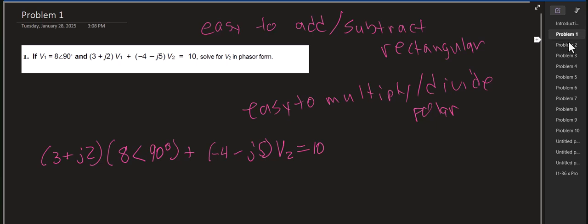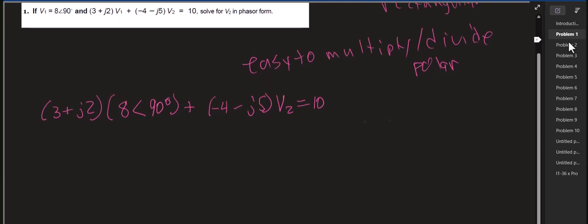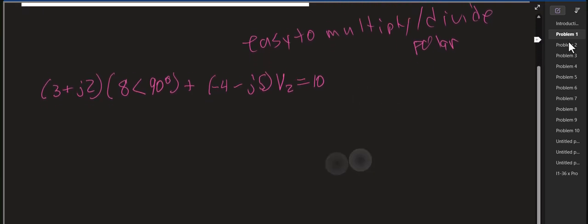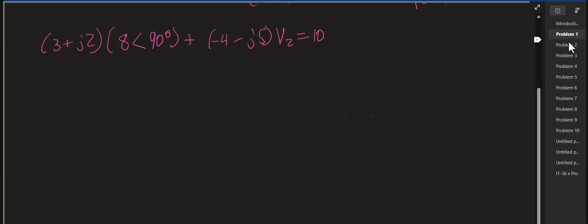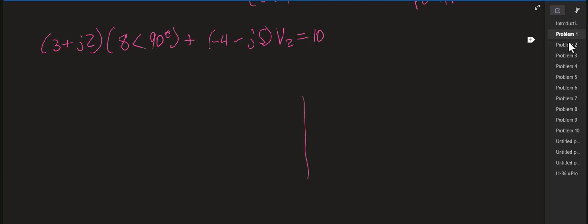All right, so I tend to use rectangular. I find it easier to work with. I know that a lot of electrical engineers will use more polar than rectangular, but you want to look at your problem and see what's easiest. Now that we understand what complex numbers are, if I look at 8 angle 90, that angle 90 tells me something really interesting, that it is just on the imaginary axis.